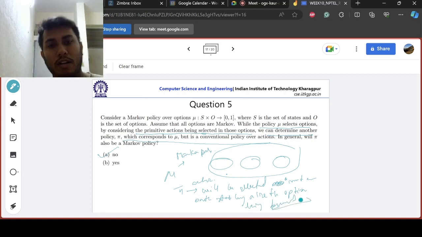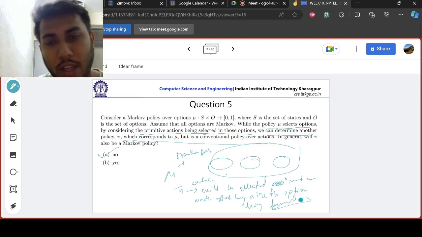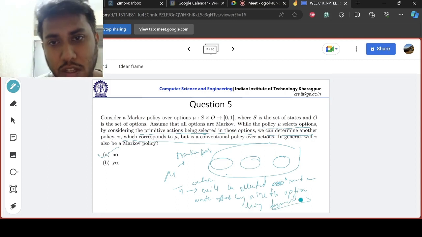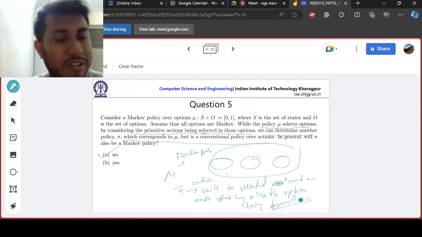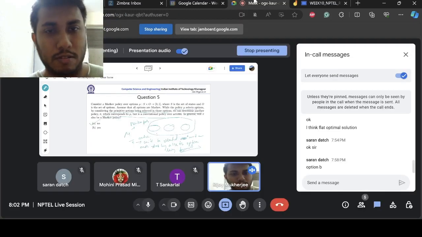So as a result, whenever you are considering the option in such a case, it means it is associated with the history. So the answer will be no in such a case.